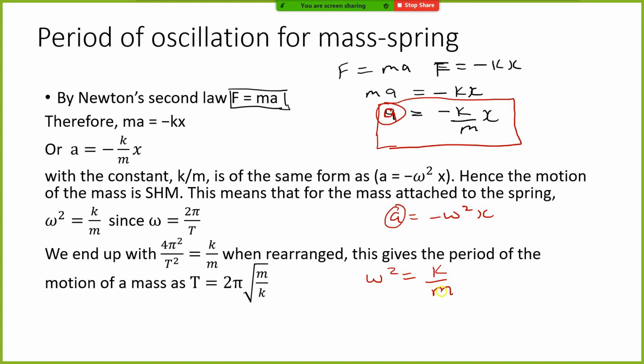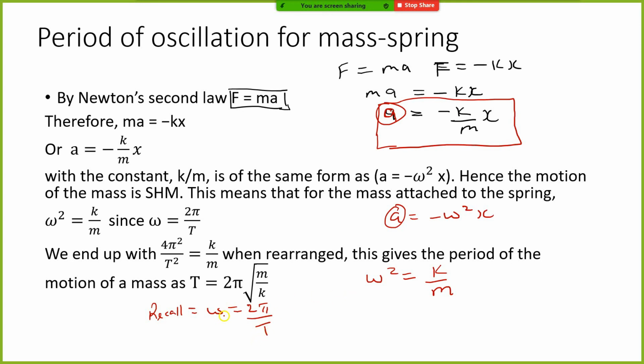Are we still there? Yes, sir. Wonderful. So having said this, now is when we're going to recall that omega is equal to 2 pi divided by T. What we're essentially doing here, guys, is deriving the period of oscillation for a mass-spring system.